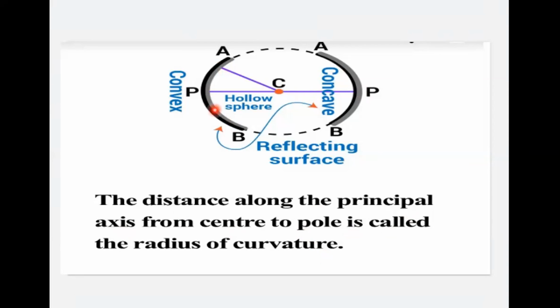Each and every sphere has a radius, and whether the mirror is convex or concave, all its points are equidistant from the center. The distance from the center of curvature to any point on the mirror is the radius of curvature.